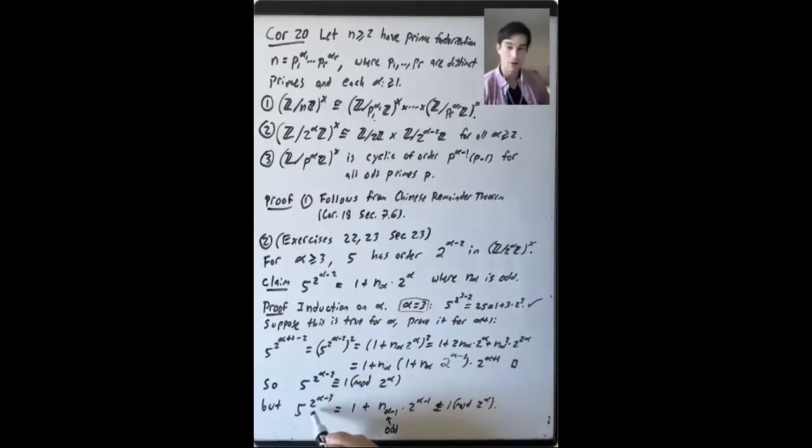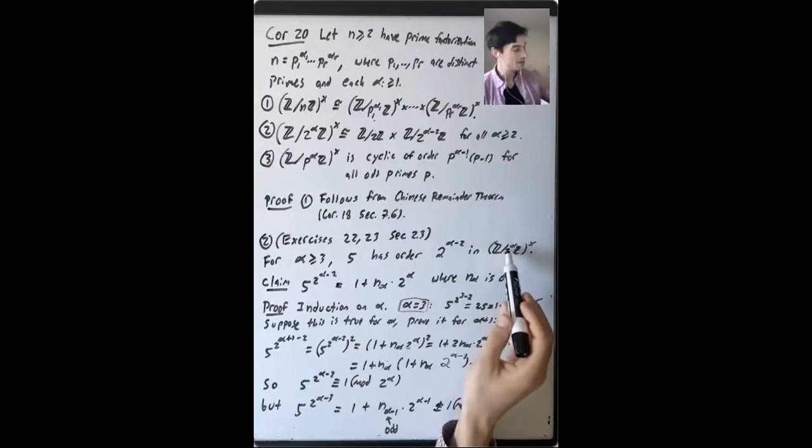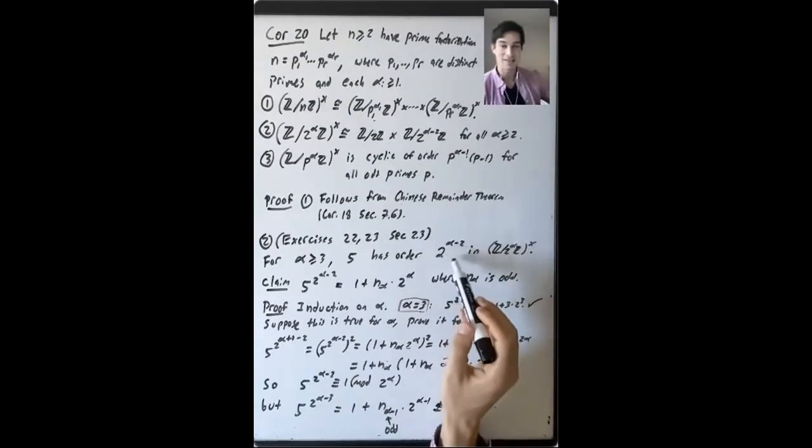So let's just go down one power and see, well, what can we say about 5 to the 2 to the alpha minus 3? That is 1 plus some odd number times 2 to the alpha minus 1. So it's definitely not 1 mod 2 to the alpha. That means the order of 5 in (Z mod 2 to the alpha Z) star is exactly 2 to the alpha minus 2.